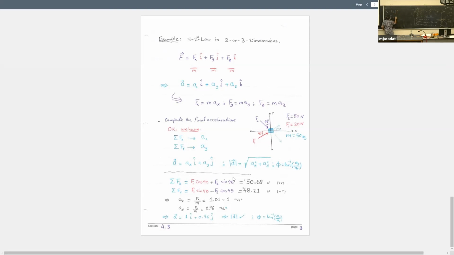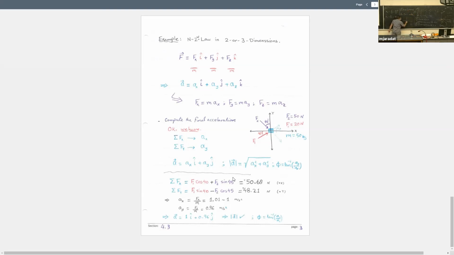This will be equal to 48.21 over 50. This is the acceleration. Then we have two vectors. F as a vector is equal to 50.68 i hat plus 48.21 j hat. The acceleration vector is known now. We can find the object any time: 1.01 i hat plus 0.96 j hat.